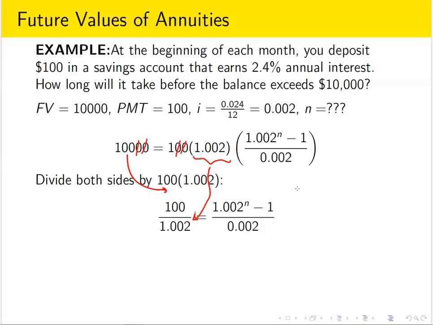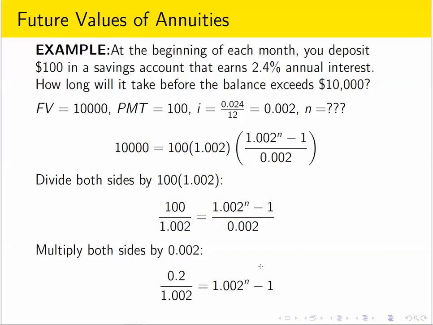That's how this ended up in the denominator. The next thing I'm going to want to do is multiply both sides by 0.002. And if I do that on the left side, all I have to do is multiply the numerator by 0.002. 0.002 multiplied by 100 becomes just 0.2. Then I can add 1 to both sides.